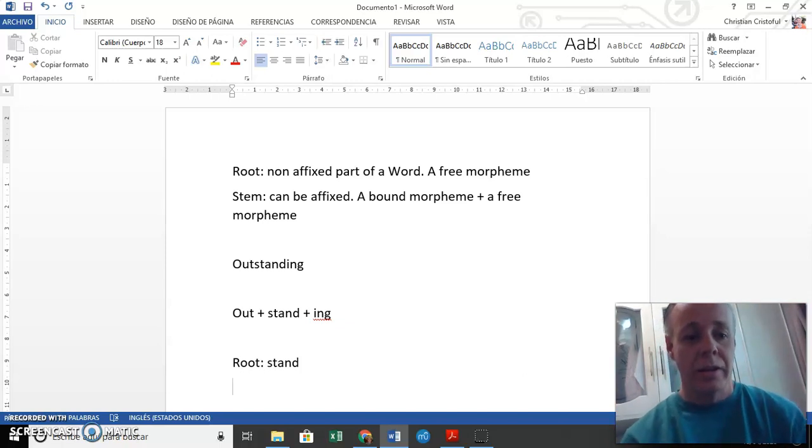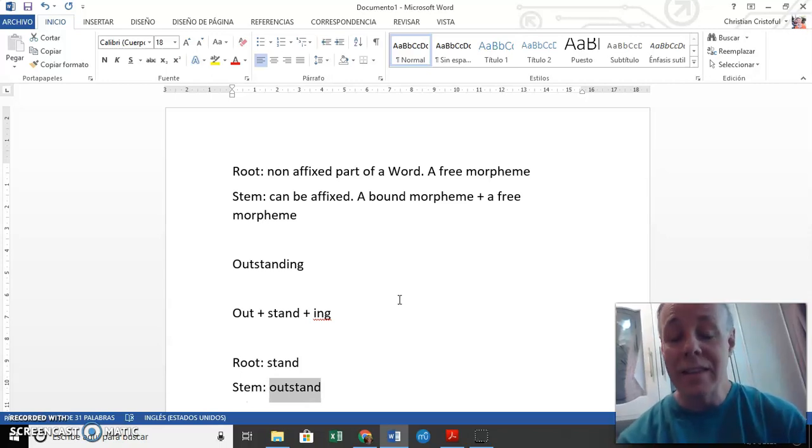Okay. Regarding stem, on the other hand, we need to keep the meaning. So, what would be the main part of the word outstanding? Yes, you are right. It is outstand. Yes. Plus ing. Yes. So outstand is the stem part, the one that keeps the meaning. Okay, keeps the meaning intact.